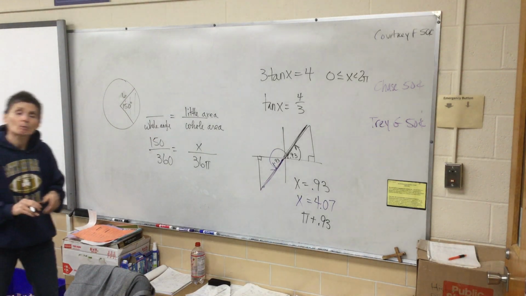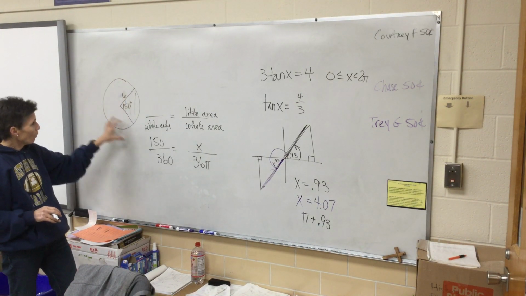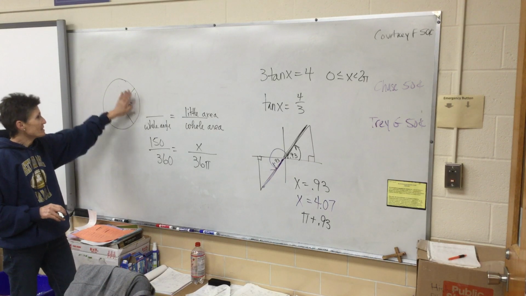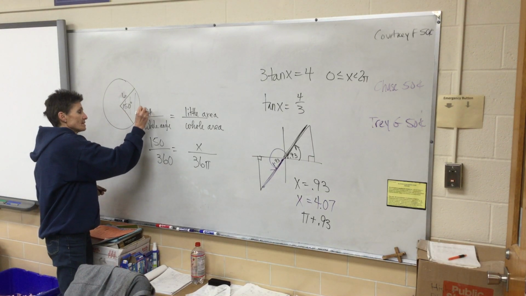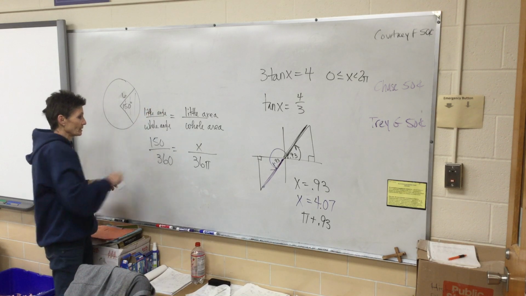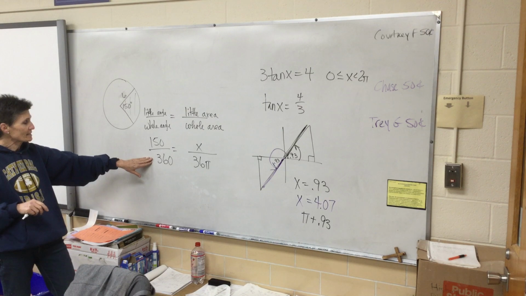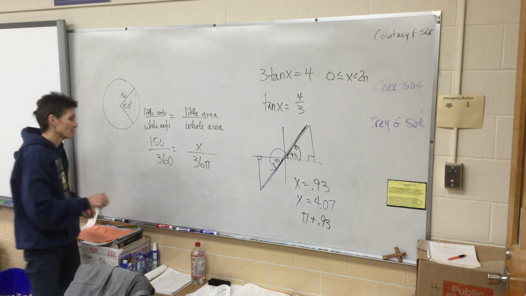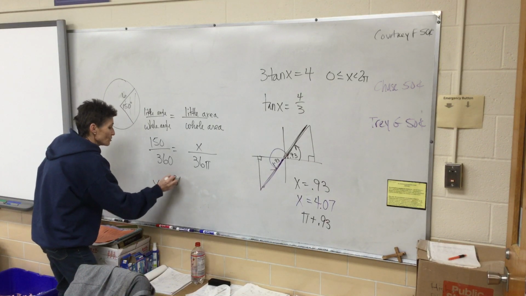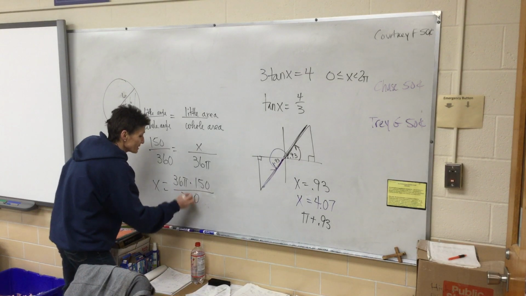So I'm setting up a proportion that says the piece over the whole equals the piece over the whole. 150 is the little angle, 360 is the whole angle. So 150 is to 360 as x is to the whole area. So x equals 36 pi times 150 divided by 360.